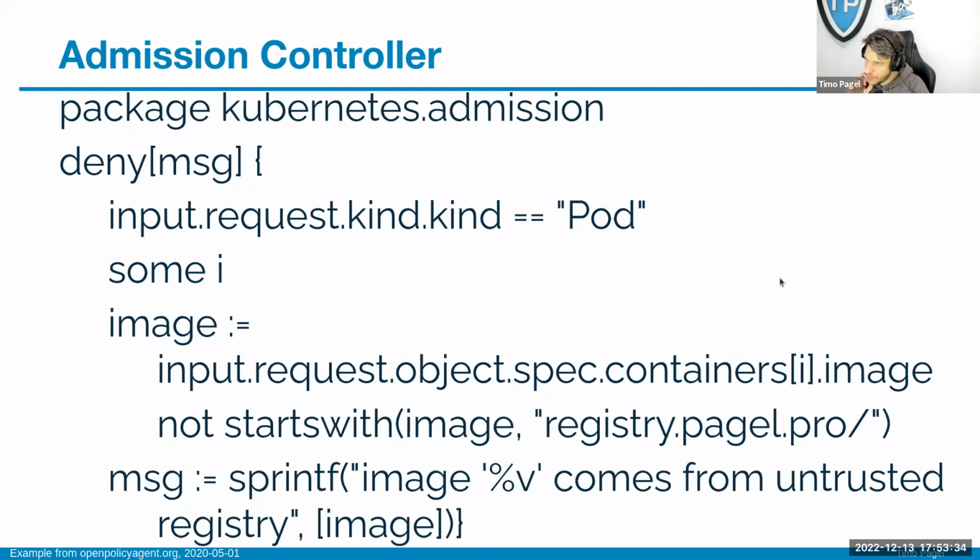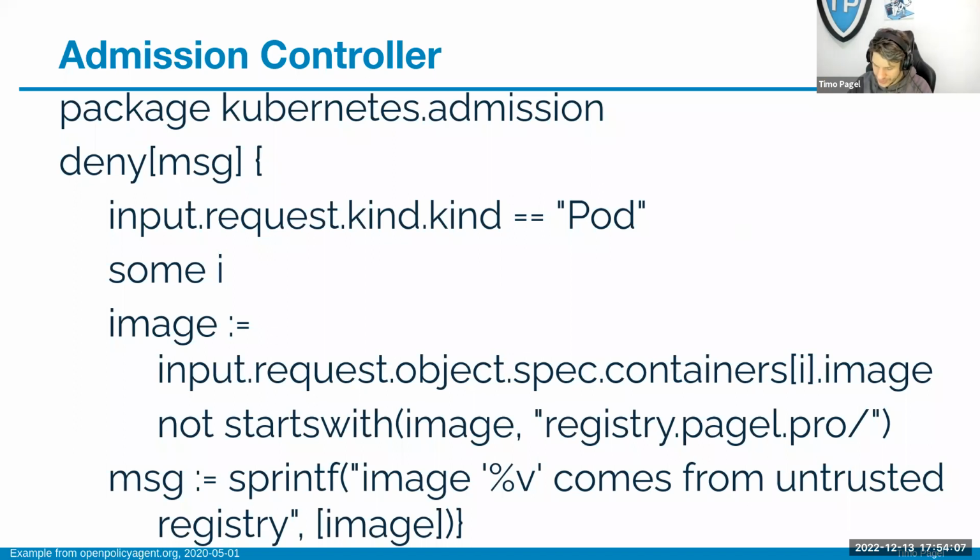This is an example in case you want to use the admission controller of Kubernetes and you would like to define which images are allowed and which images are not allowed. You need to swap now: before it was allow, now it is deny, and you have a kind here. For the kind Pod, you might have other kinds in Kubernetes, right?